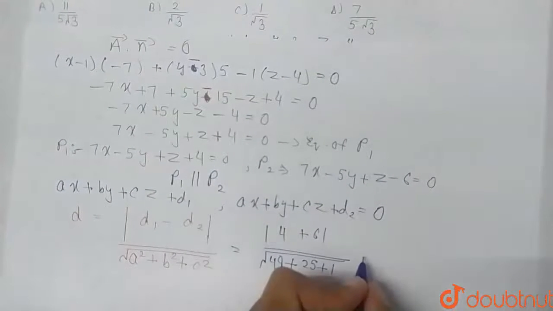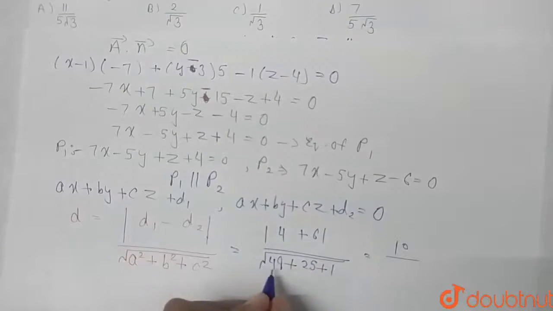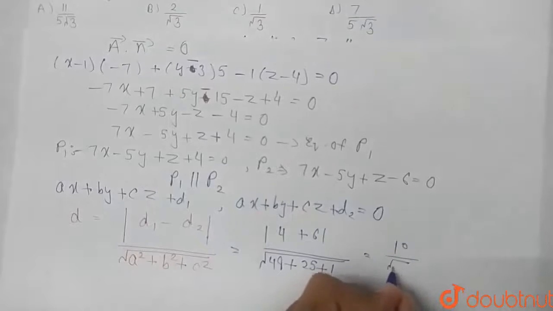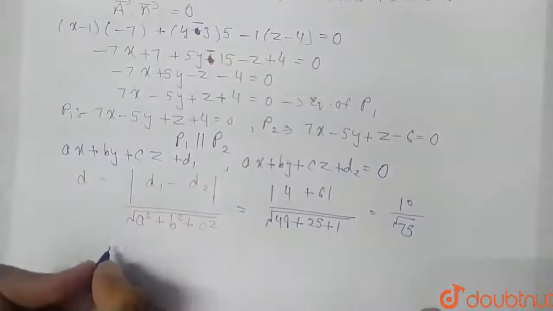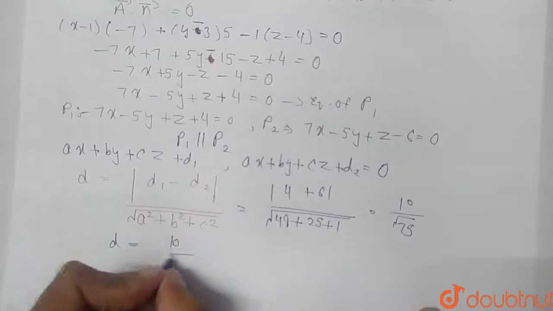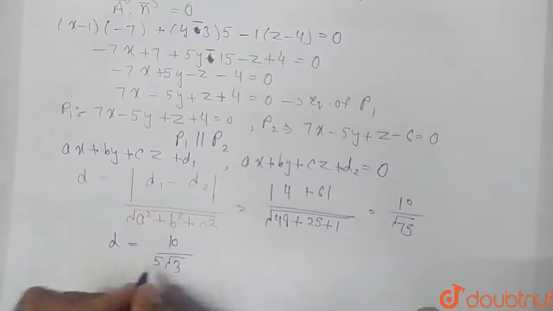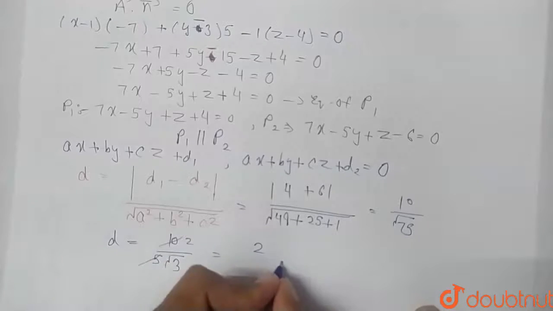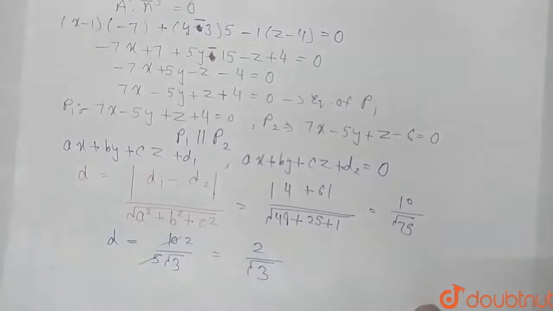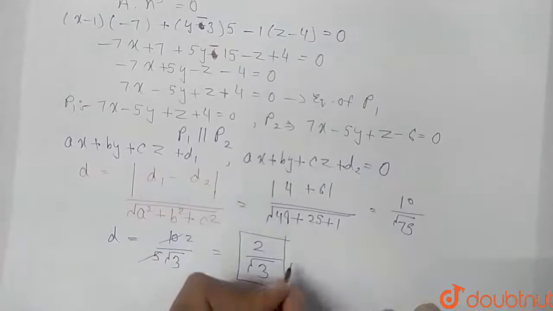So we have 10 divided by root 75, which is 5 root 3. So d equals 10 divided by 5 root 3, which is 2 by root 3. So the distance between planes P1 and P2 is 2 by root 3.